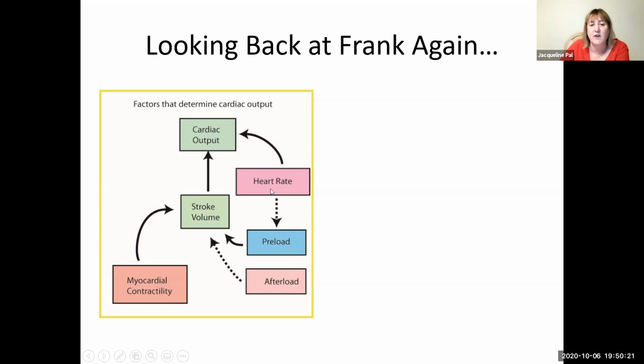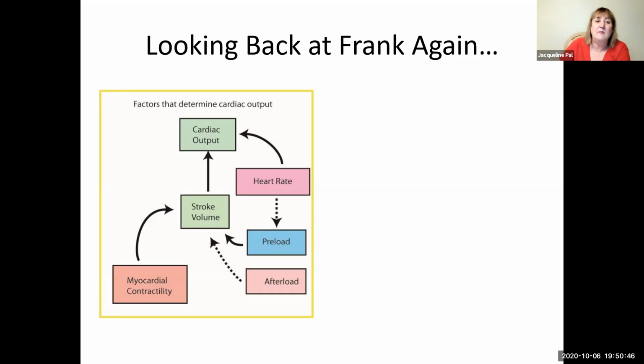But what affects heart rate also affects preload. If the heart is beating super fast, say at 180 beats per minute, there is no time for preloading, which means you're going to start at a very small preload. And even if you had a normal ejection fraction percentage coming out, the stroke volume is going to plummet.